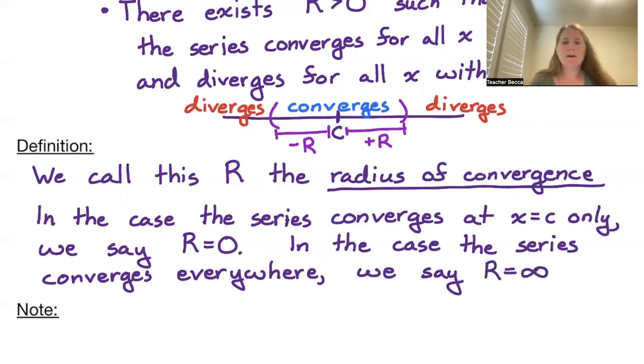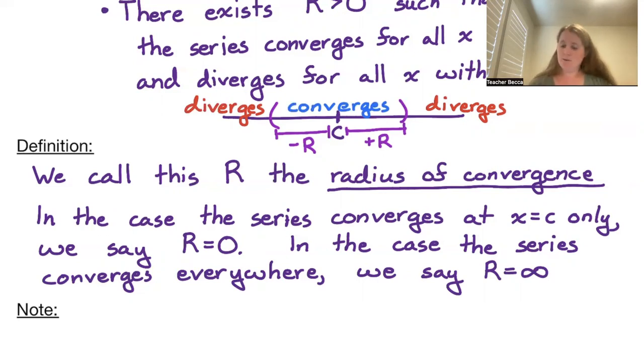So again, if you look at that little picture I drew above, you can imagine if we converge only at c, we go no distance to either side, so that radius of convergence was 0. If we converge on the entire number line, then we would go infinite distance to the right and to the left, giving us a radius of convergence of infinity.